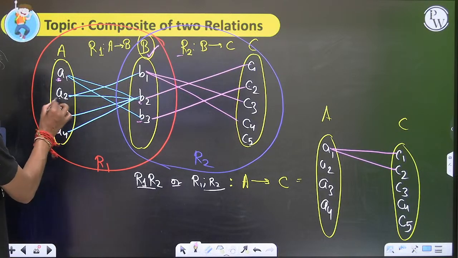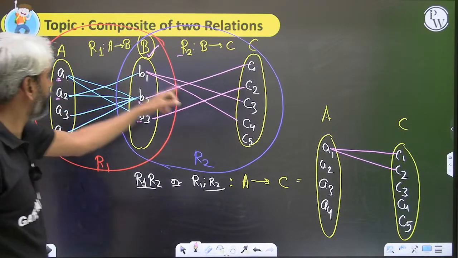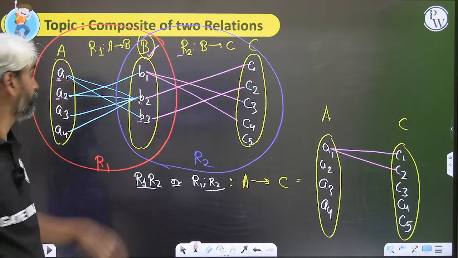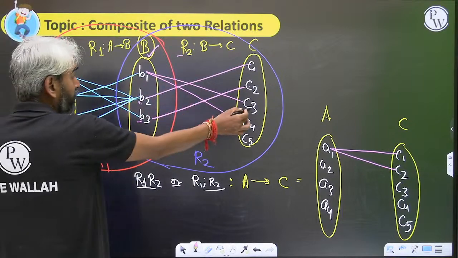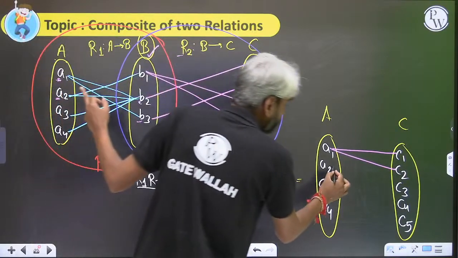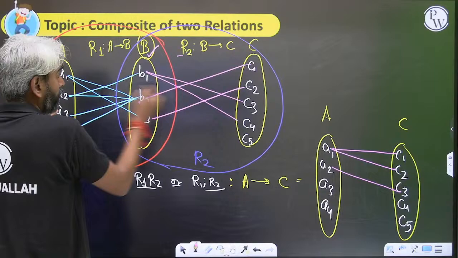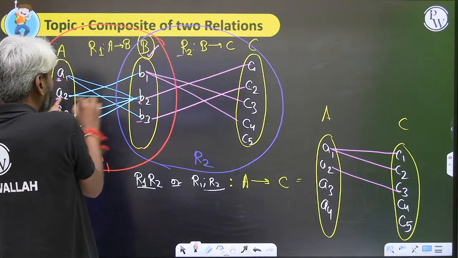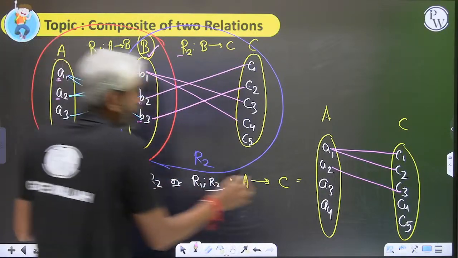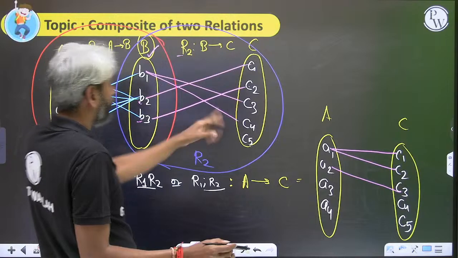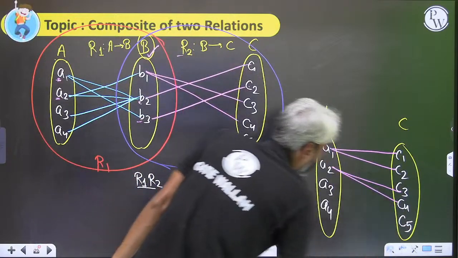Let's look at A2. A2 relates with B1 and B1 relates with two elements. A2 relates with B1 and B1 relates with C3. Therefore, A2 will relate with C3 via B1, and A2 relates with B1 and B1 also relates with C4. Therefore, A2 will relate with C4 also via B1.